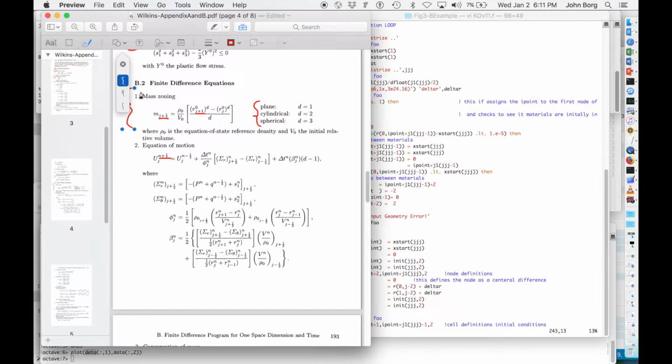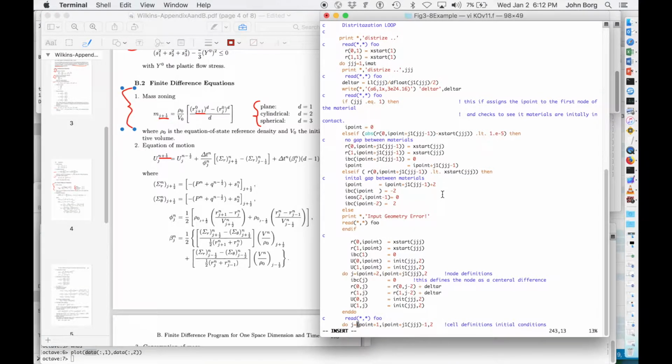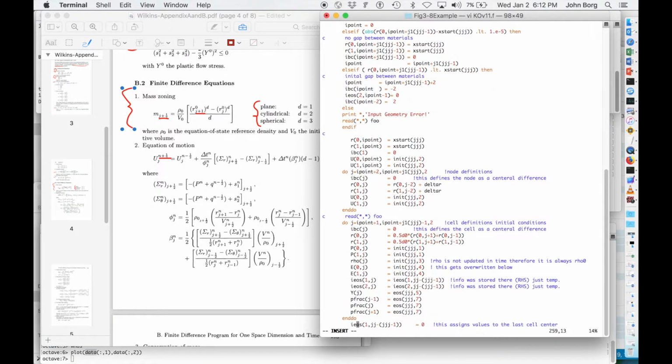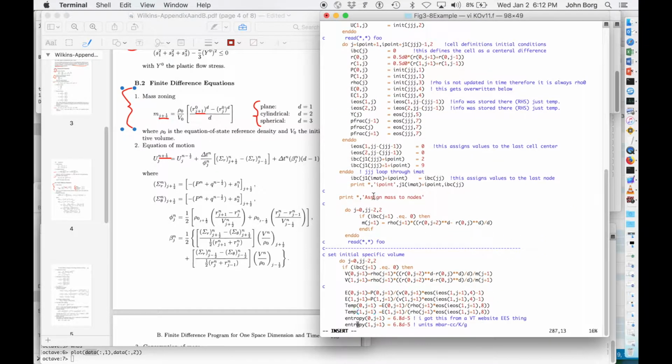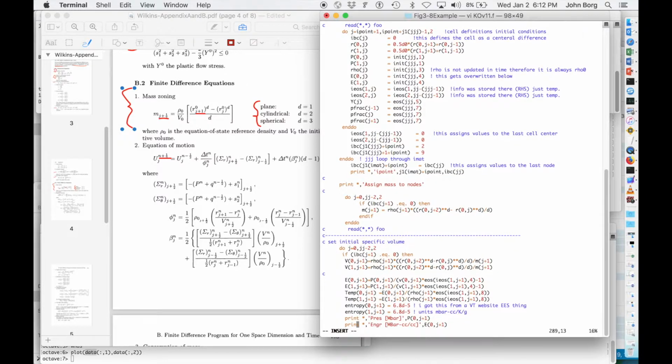So we're only going to do this one step once. And then as we iterate, we'll start with equation 2, the equation of motion. So it's just doing discretization, and it will eventually assign all the mass to the nodes, and then it will print it to screen.